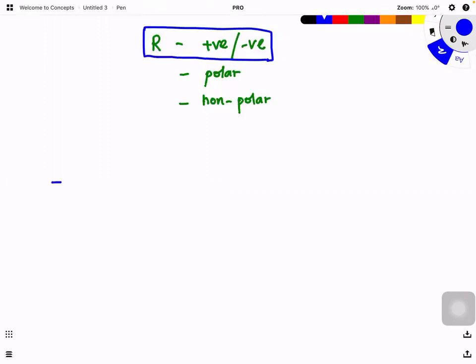If my R group carries COOH, under neutral conditions ionization takes place. So this R group will be negatively charged, because they donate the proton.